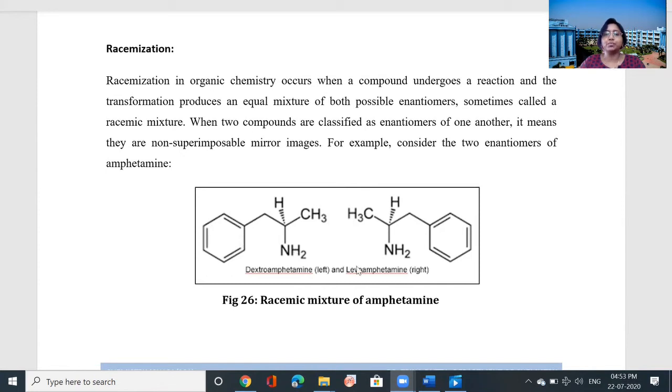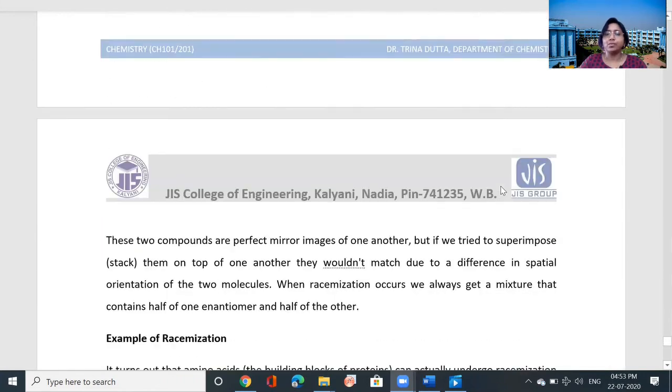Both are mirror images, but they are non-superimposable. Okay, so if after any reaction we get an equal mixture of the possible enantiomers, like 50%, 50%, then it is called a racemic mixture. So let's take one example.